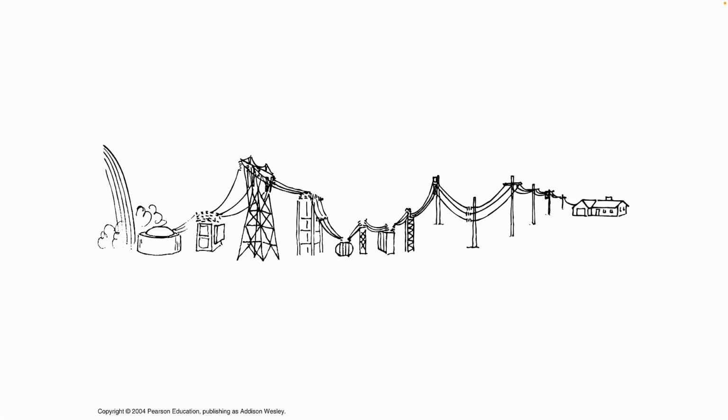We generate electricity at about 50,000 volts, which is like a standard generator in a dam and a turbine in a power plant and all that kind of stuff. We generate that power at about 50,000 volts, and then we send it places across the state, across the nation at anywhere from 250,000 to 1 million volts.